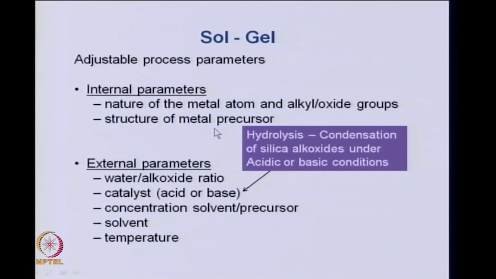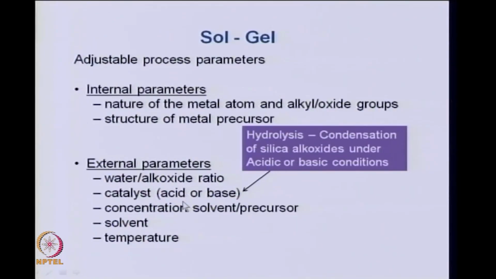The factors which you can change from outside are water, or the amount of alkoxide that you take, and the amount of catalyst that you add, whether you do acid catalysis or basic catalysis. That means you catalyze the hydrolysis or condensation reactions, so these are affected by the conditions present.